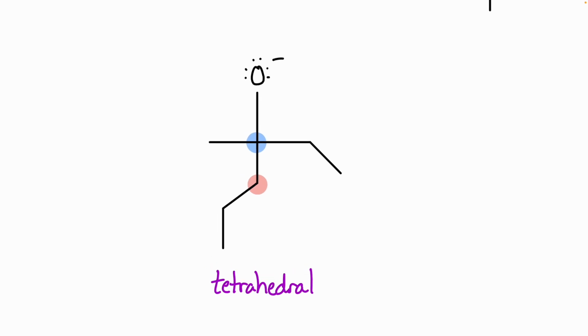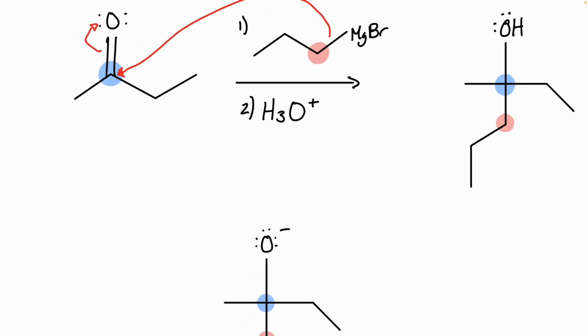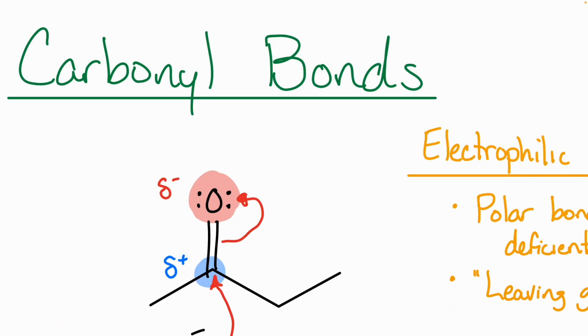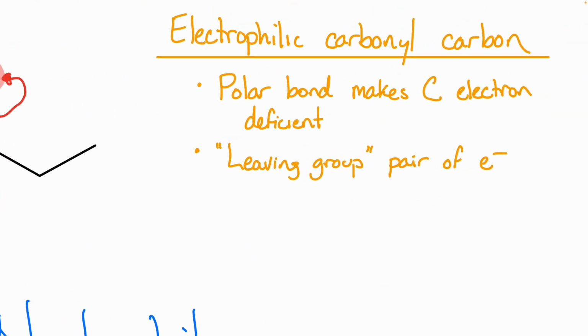We call it that because our aldehydes and ketones, about that carbonyl carbon, are trigonal planar. Another reason we can add to our list: another reason it's such a good electrophile is that trigonal planar geometry. It's very easily accessible because it's just flat.